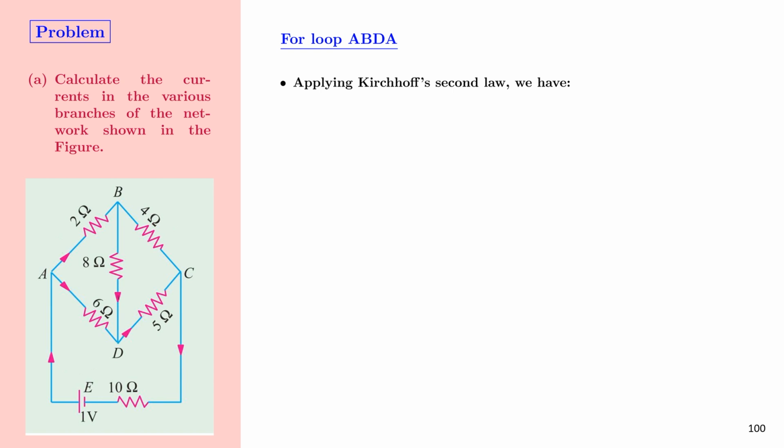In the next step, we have to find the values of I1, I2 and I3. To solve for the various currents in the circuit, we can use Kirchhoff's second law.